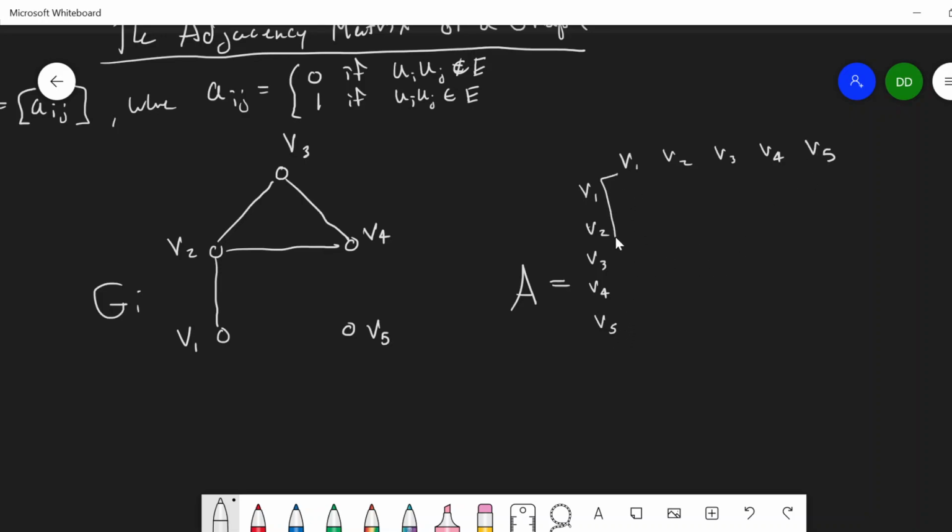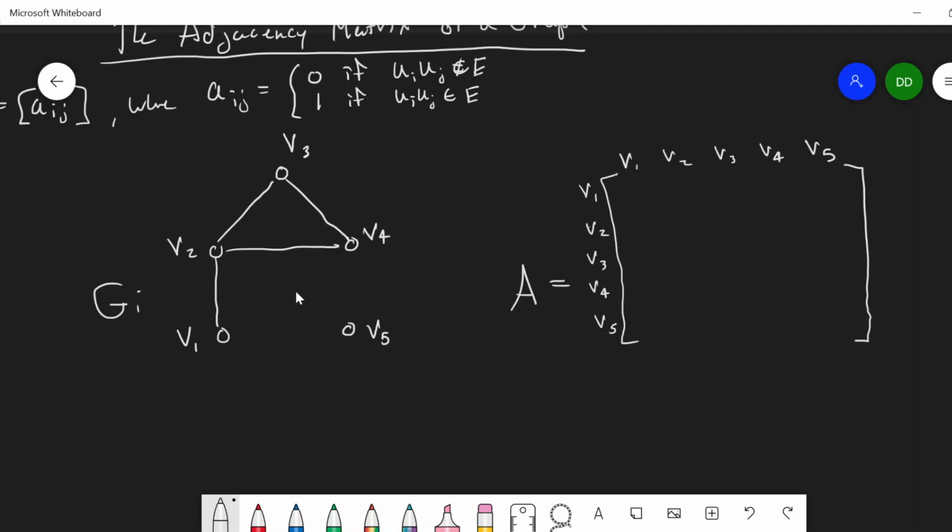And now I'm going to build this matrix. I'm just labeling my rows and columns here. Typically we don't label the rows and columns, but we just keep in mind that vertex 1 is the first row and the first column, and so on.